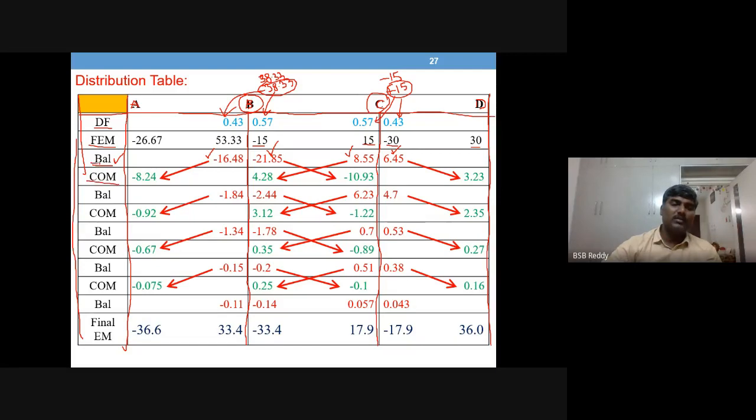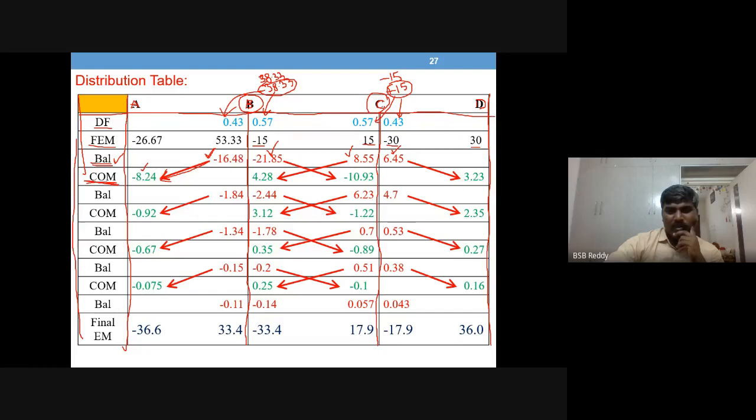So balancing is over. Then we have to calculate what is a carryover moment. So this is the value applied. Then draw an arrow like this to the next row. Make a next row. So take half the value and write it here. Minus 16.48 by 2. Okay, this is carryover.